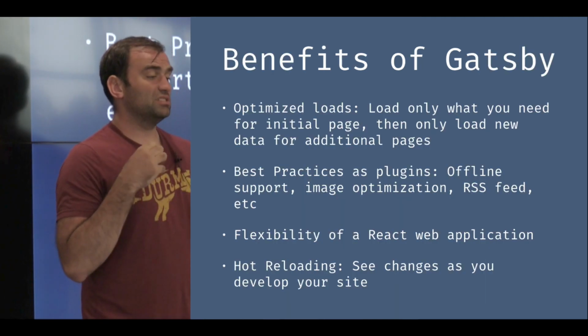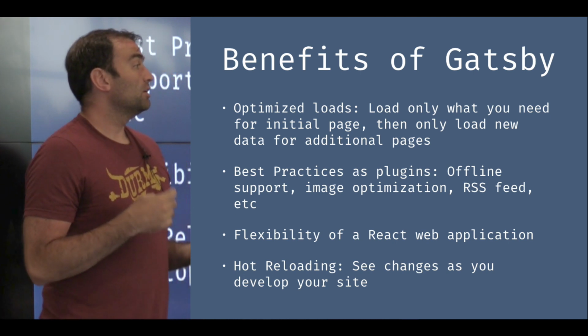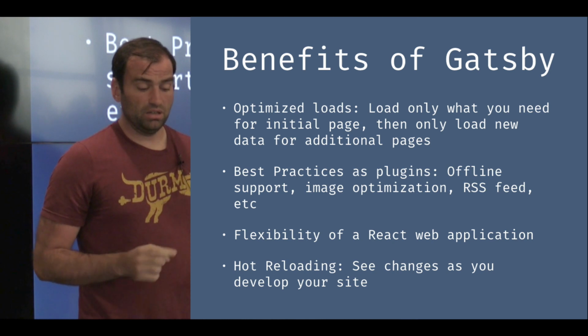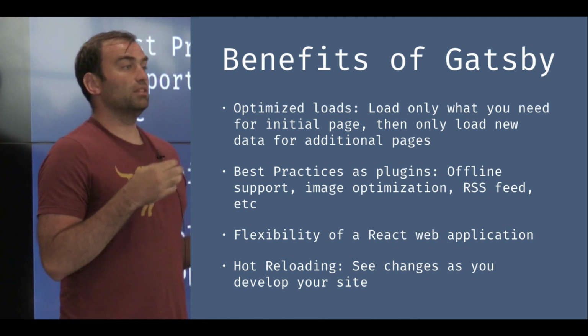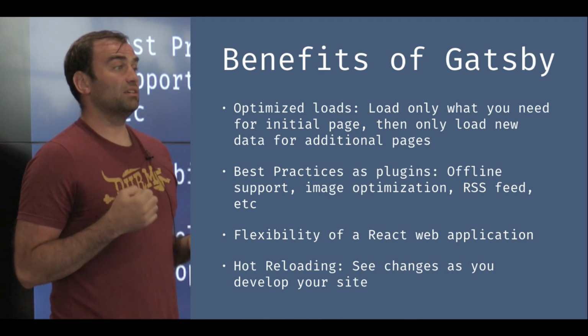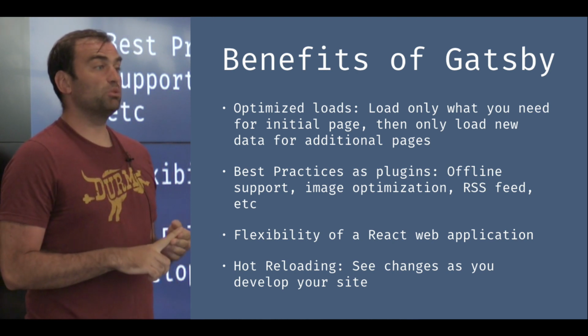So I talked about static site generators in general, but I want to talk about Gatsby specifically, why you want to use it, and it really comes down to the benefits of those other tools. The biggest thing with the 1.0 release is optimized loads.